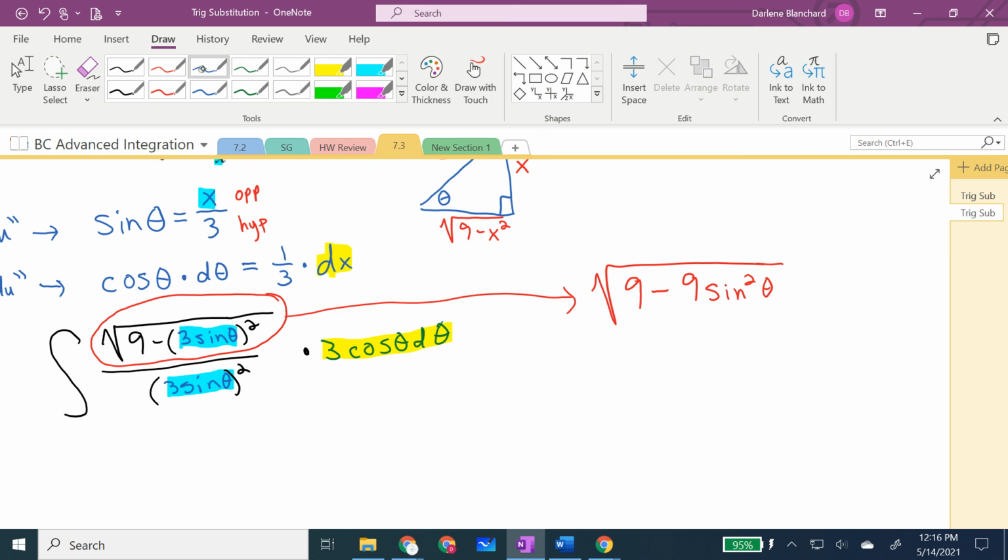If you don't recognize it, oops, trying not to give away the answer. Do you recognize it now? Trig identity. Pythagorean trig identity. What does this entire square root piece simplify to?